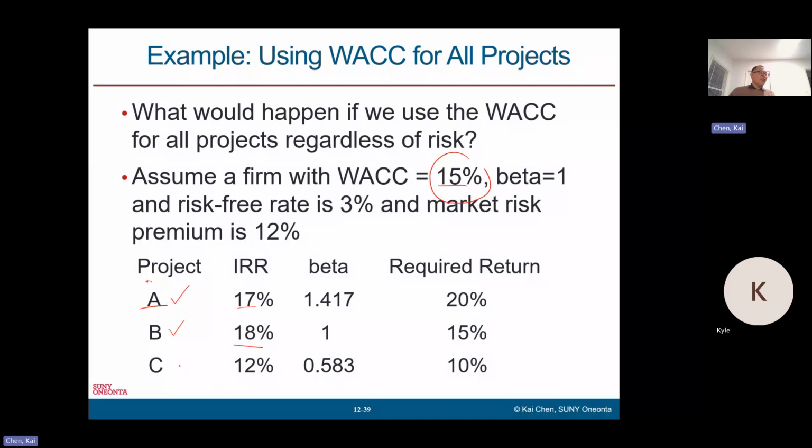Now let's look at project C. Project C has an IRR of 12%. It is smaller than 15%, smaller than the required rate of return. Then in this case, we will reject project C. Okay, this is how we make the decision, assuming the projects have the same risk level as the risk level of total assets that are operating.